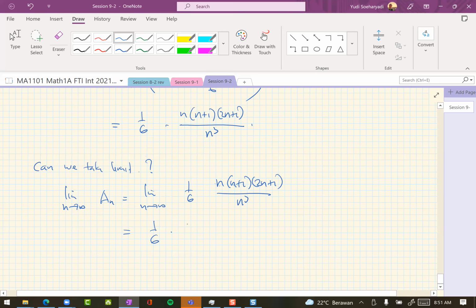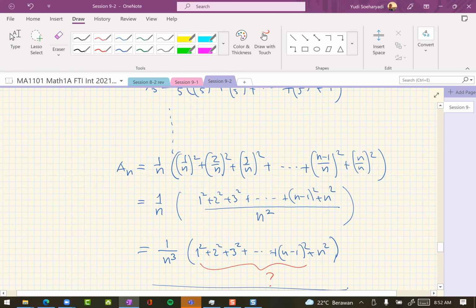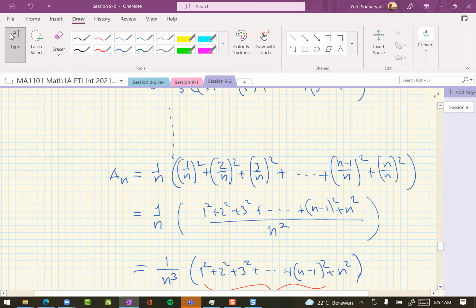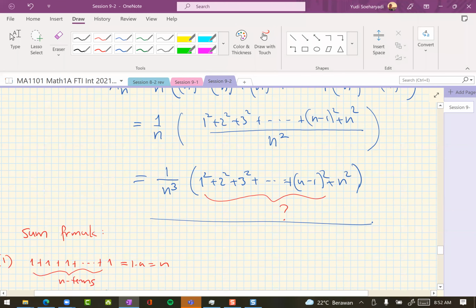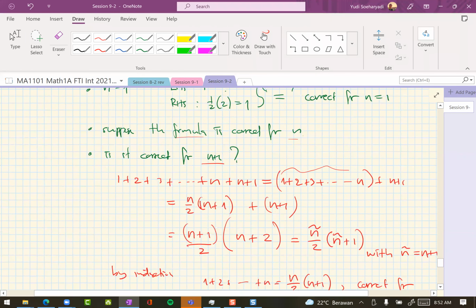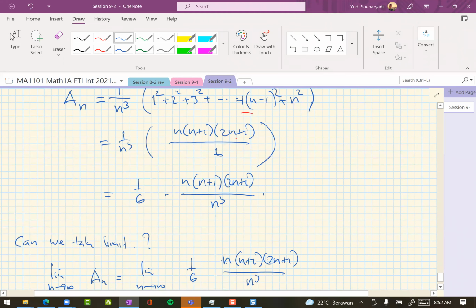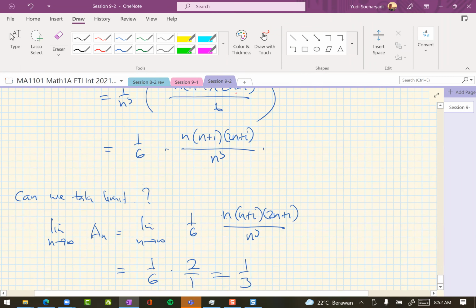So you have 2 over 6, that's the limit. Okay. So using these approximations, our scheme of approximations gives you at the end this formula that you can compute explicitly, right? And it has a limit. The limit is 1/3.